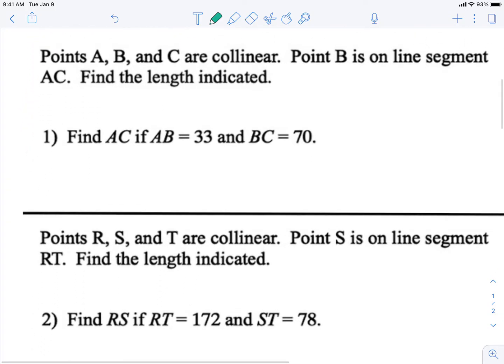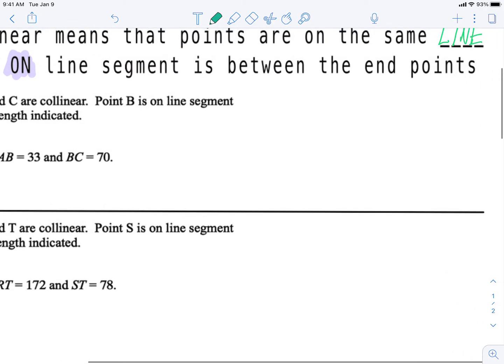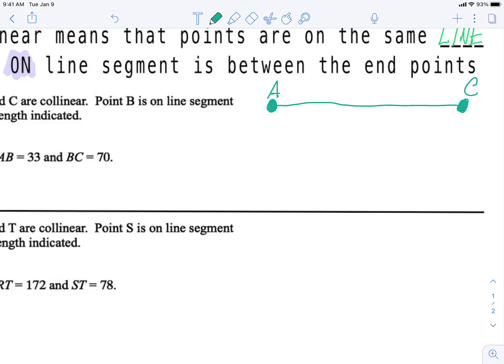It says points A, B, and C are collinear. That means that they're on the same line. Point B is on line segment AC. So we start with line segment AC. We have A, and we go all the way to C, right?